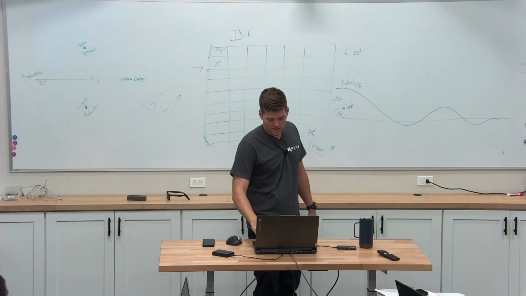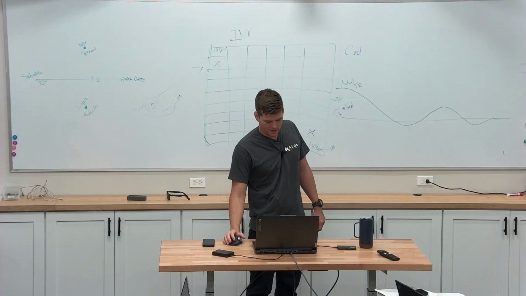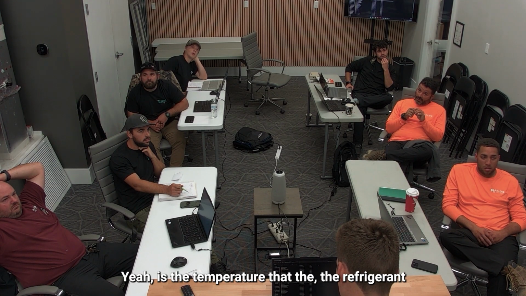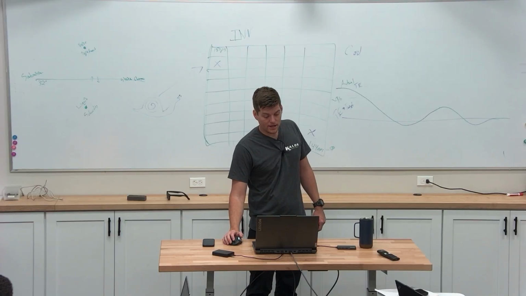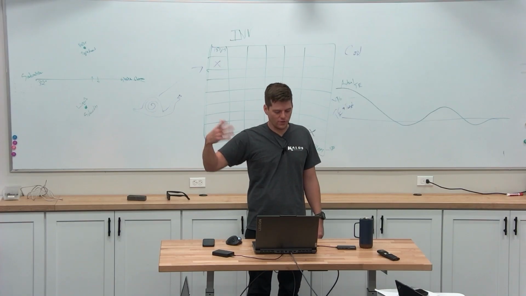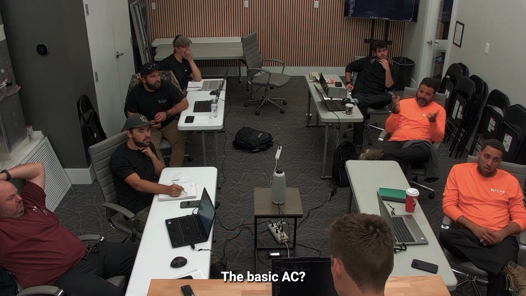Let's not get complicated with names yet; we're just talking about saturation of the refrigerant at this pressure in the system. It tells you what state it's in. If it goes below 32, it changes state to a liquid. If it goes above, it is the line of change of state. It's the basic AC refrigeration system.